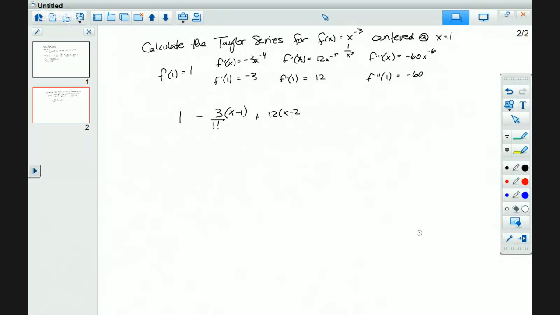That's 1. Plus 12 times x minus 1 squared, and that's 2 factorial, right? And you can go on, right? There's our series. Can you write it in series notation now?